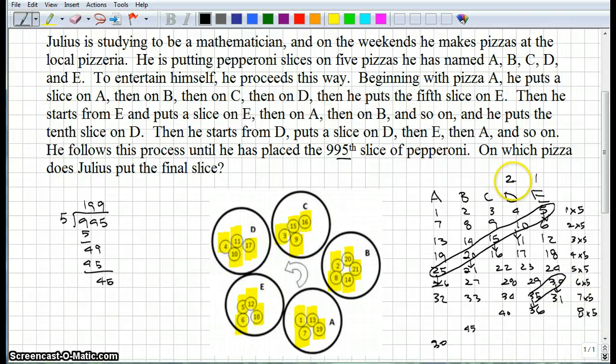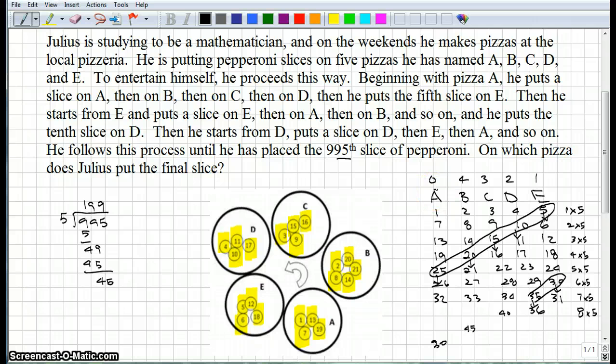So the remainders on these multiples of 5 are going to tell us what column we're in. Okay, does that make sense? And then finally when we get to A, we have 5 times 5, so that's going to be a remainder of 0 when we divide 5 by 5.